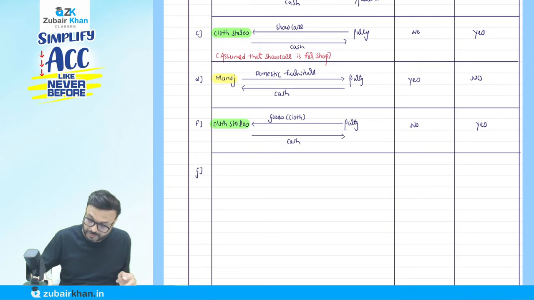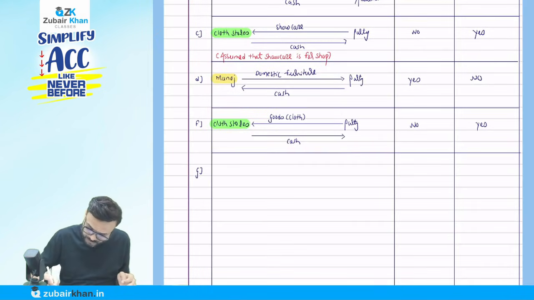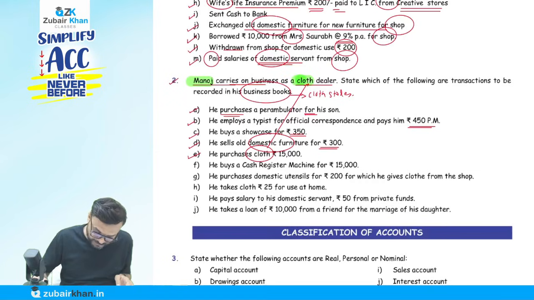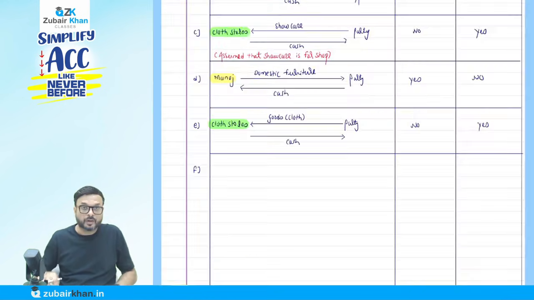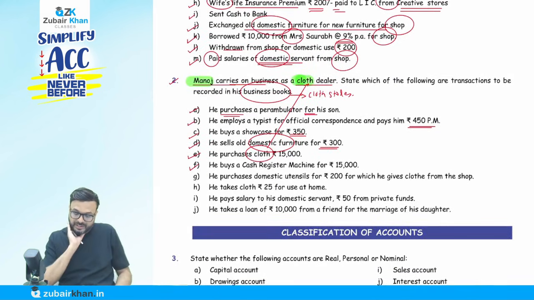G. So what it says here, F, we have F. Sorry, this is E. Wait. E, and this is F. Okay, F point. Now here it says that now he buys the cash register machine.